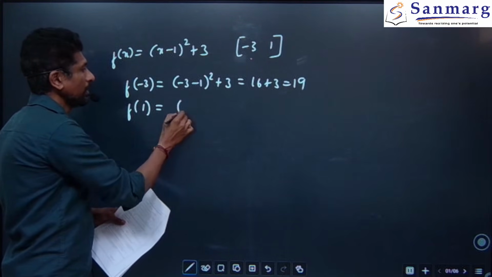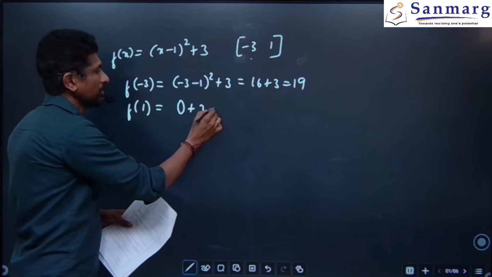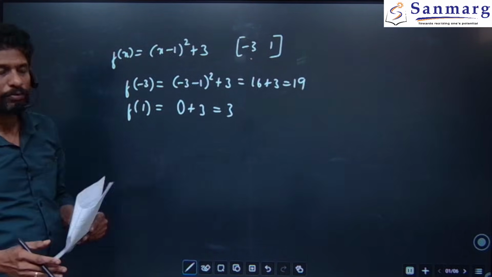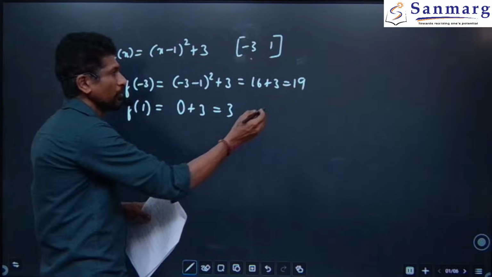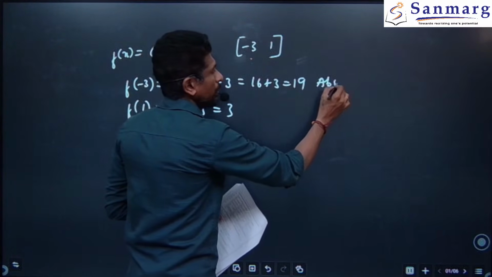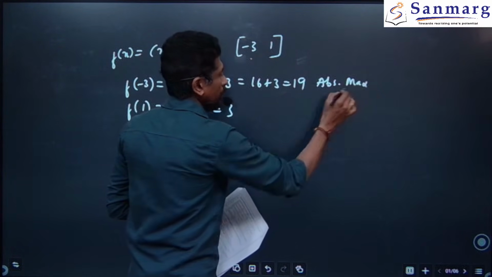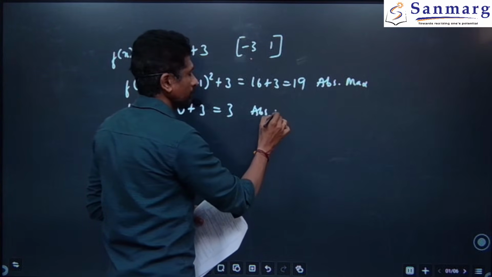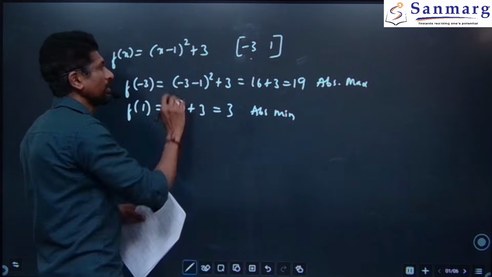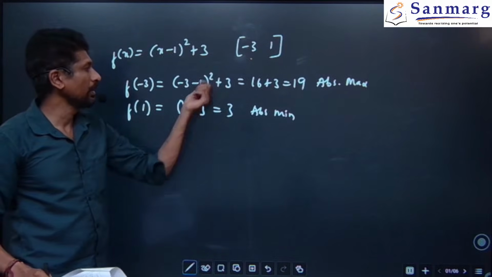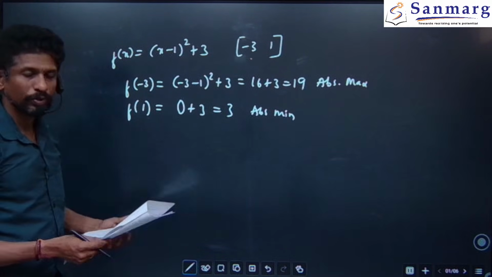If you substitute here, 0 plus 3 becomes 3. So here itself we can get the answer, that is absolute maximum and absolute minimum, because it is a square function. Within this interval only the minimum value and maximum value will come.